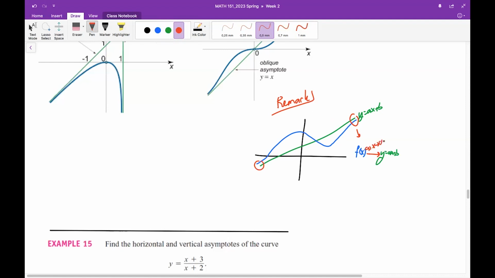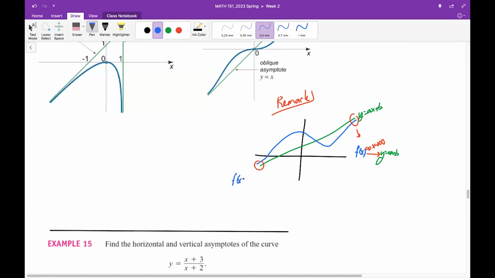Is this correct? What do you think? Do the values of your function approach the values of the line as x goes to infinity? Yeah, you can see it from the graph. They get closer and closer. Also over here, what happens?